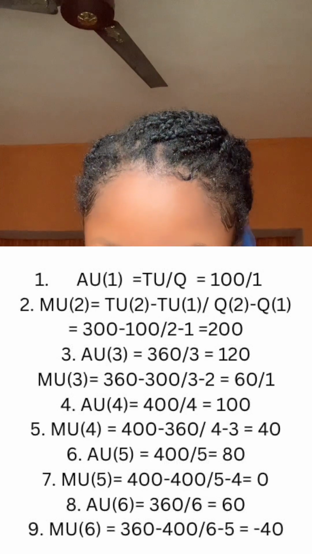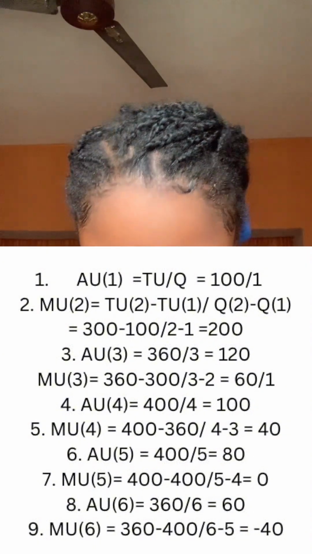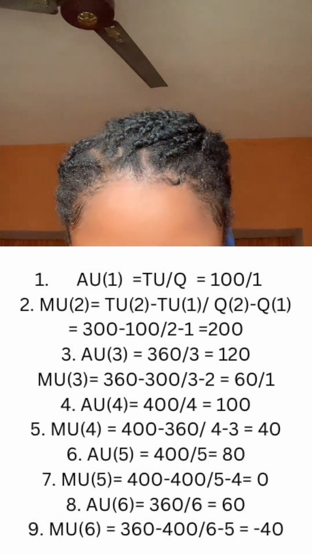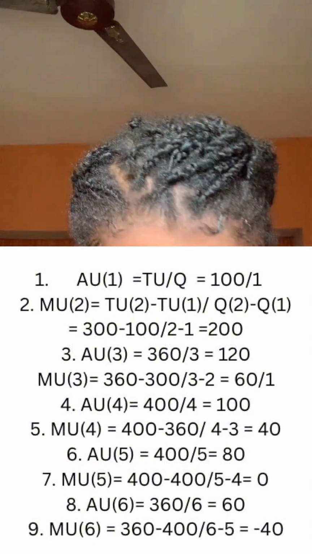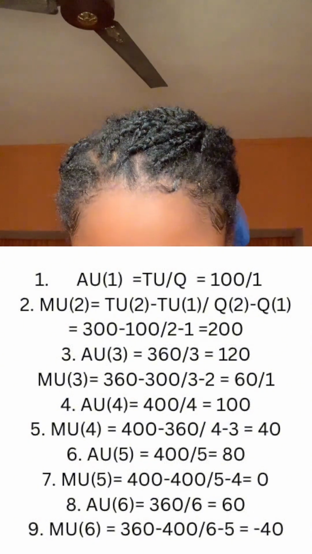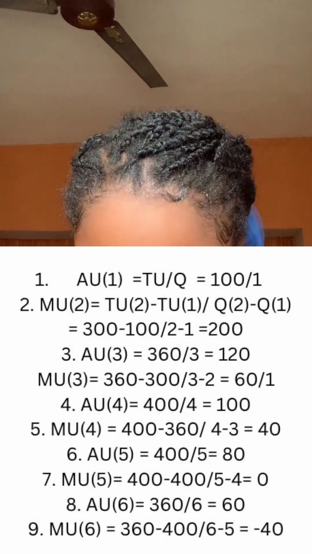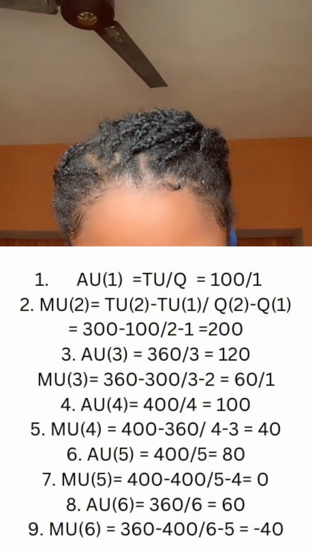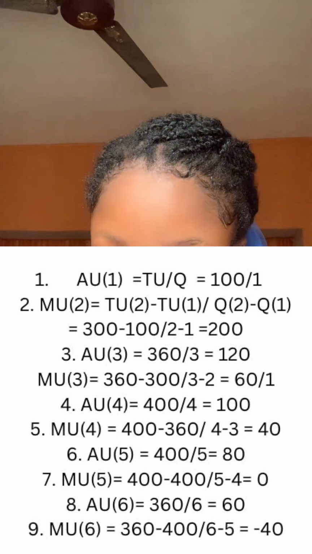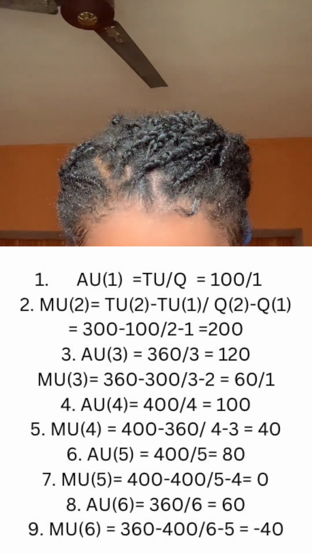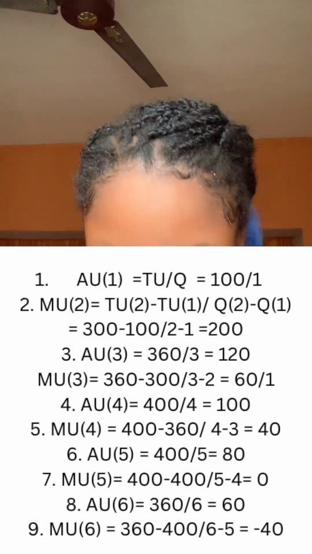Then looking at the marginal utility at quantity 3, we have the total utility of quantity 3 minus total utility of quantity 2, divided by quantity 3 minus quantity 2, where we now have total utility at quantity 3 to be 360 minus total utility at quantity 2 to be 300, divided by 3 minus 2, which is basically 60 divided by 1, which was 60, and that was how we got the 60, the marginal utility.